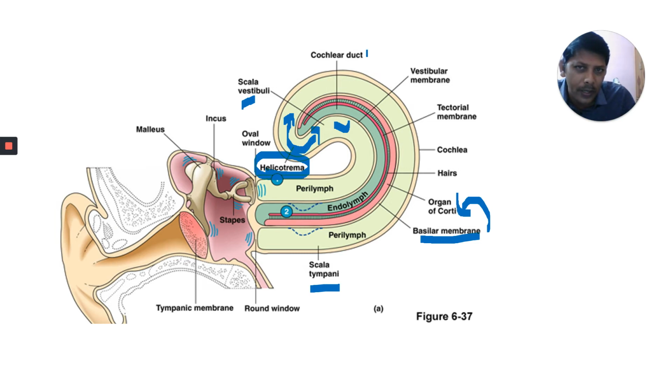This is the cochlear duct, as I showed you in the previous one. This is scala vestibuli, and this is scala tympani. These two are separated here, but they join here. This is called helicotrema, the place where scala vestibuli and scala tympani meet.